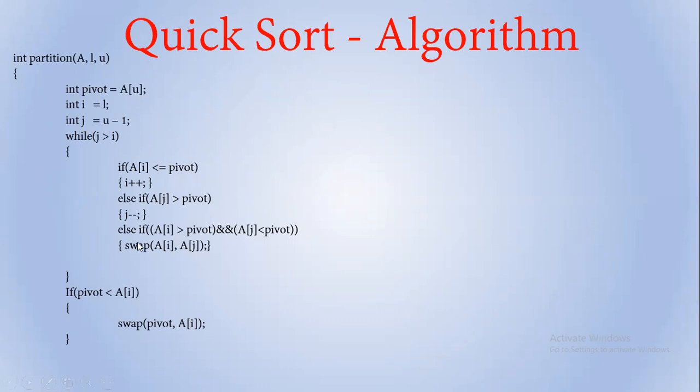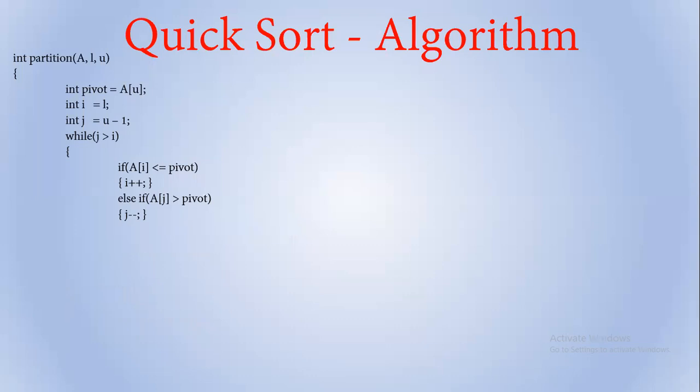So here in this case, if this happens, it will swap A[i] and A[j]. So there is a rearranging of elements. And at last, if the pivot value is less than this A[i] value, again it will swap. So that means the input array A is not the same array again.